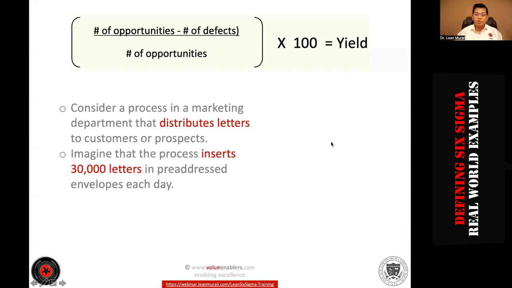So here I'm just going to quickly show you an example. Consider a process. Let's say they are distributing letters. I'll finish it in 5 minutes. This is a marketing company, and imagine that the process inserts 30,000 letters in pre-addressed envelopes each day.